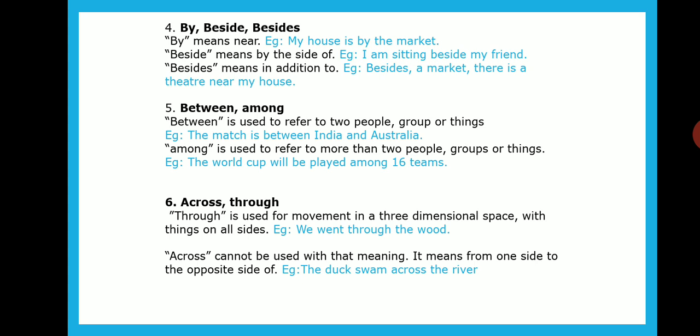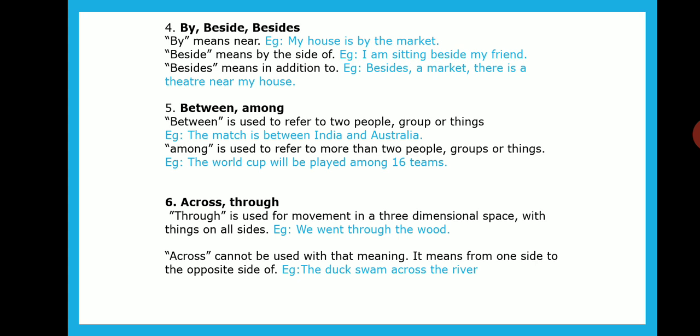Among when there are more than two people, groups or things. So the match is between India and Australia. Two countries are there. The World Cup will be played among 16 teams. So how many teams are there? 16 teams. So which preposition will we use there? Among.